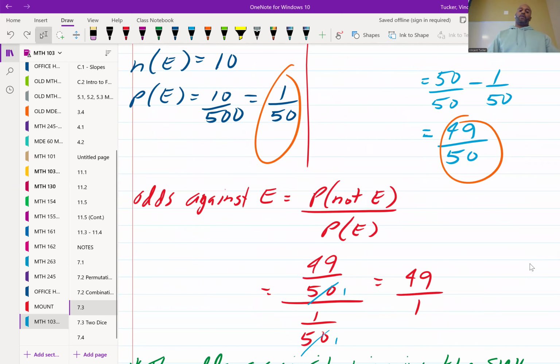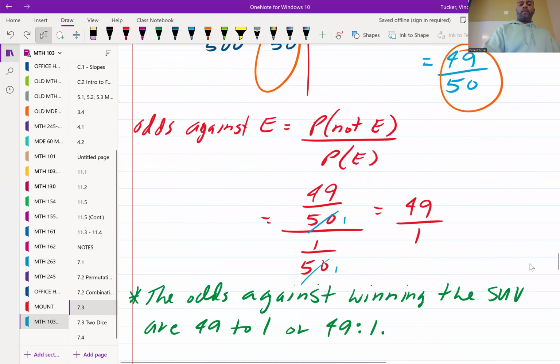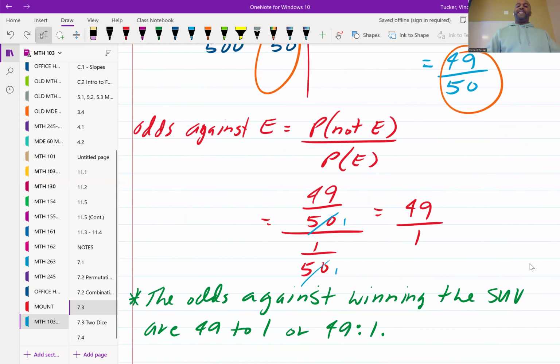That's 49 over 50 over 1 over 50. We saw that those 50s will cancel, leaving us with 49 over 1. So the odds against winning the SUV are 49 to 1.